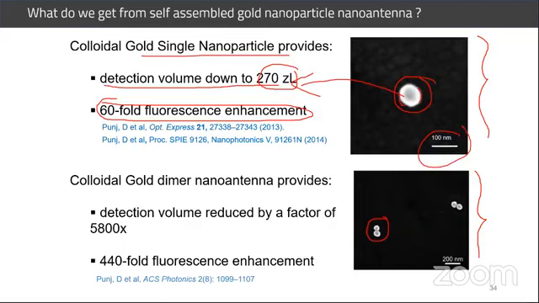And when you use dimers, the main area is in between, which is an even bigger hotspot, and that gives you even better resolution, more confinement, with the detection volume reduced by a factor of 6,000, and also more enhancement.